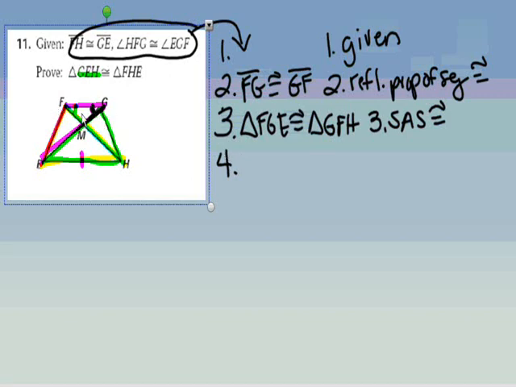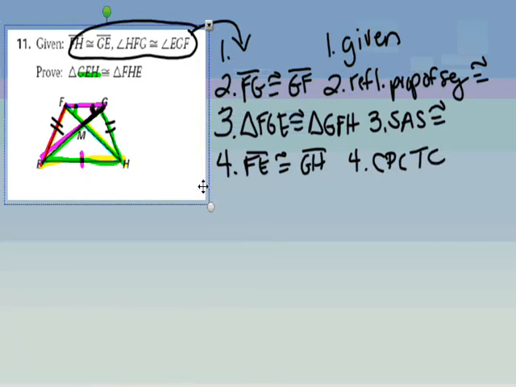We said the whole reason why we want to do that is now we could start talking about their corresponding parts. And the part we really want to talk about is these two sides right here. So now I can say that FE is congruent to GH. And what's my reason for that? If you said CPCTC, give yourself a big pat on the back.